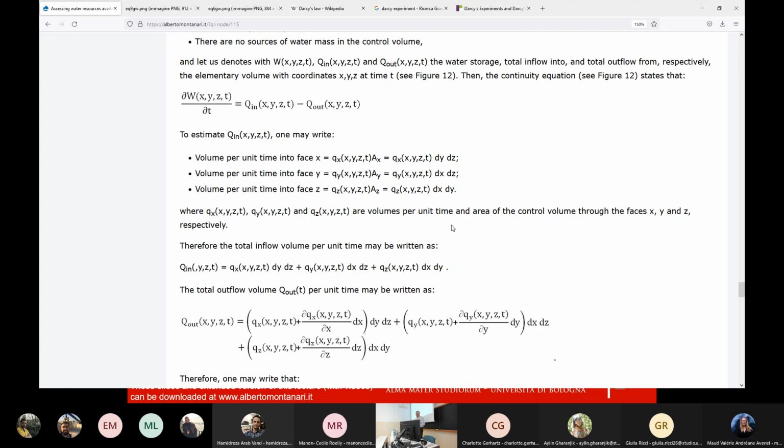Because what is important is that you remember the concept, the assumptions, and, for instance, the idea of introducing the volumetric specific storage for, in a way, eliminating the storage as a variable from the groundwater flow equation to substitute it with the hydraulic head, for the reason that it can be more easily measured.